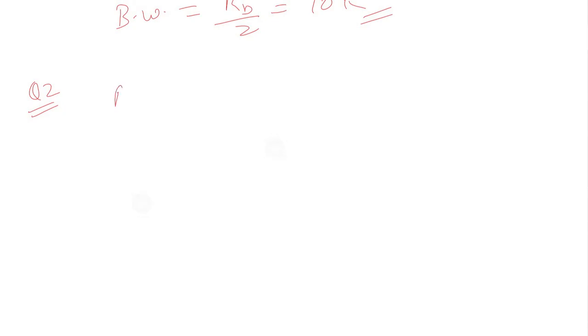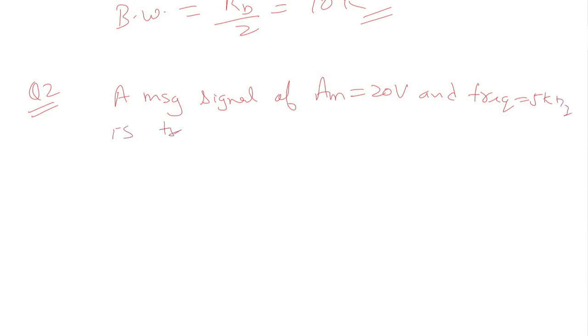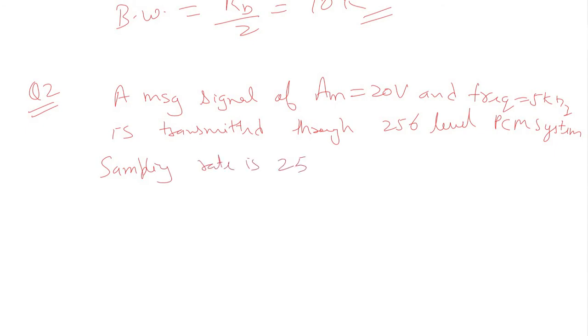A message signal of amplitude AM equal to 20 volts and frequency equal to 5 kilohertz is transmitted through a 256 level PCM system, and we are given that the sampling rate is 25% higher than Nyquist rate.